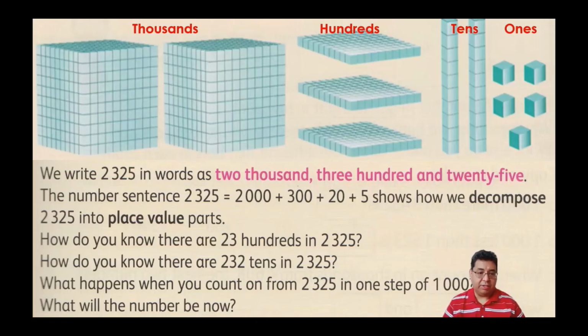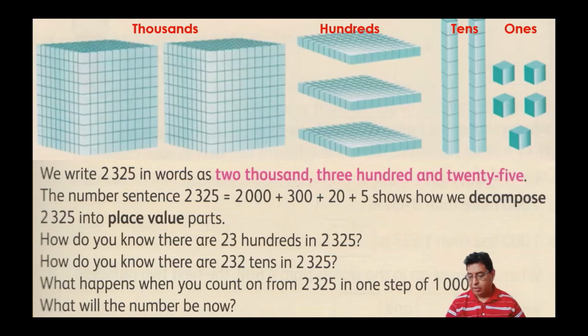Second question says, how do we know there are 232 tens in 2325? So we know to make 100, we need 10 tens. To make 1000, we will need 100 tens. So 2000 needs 200 tens.